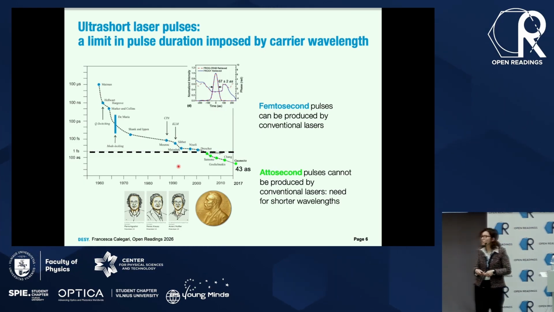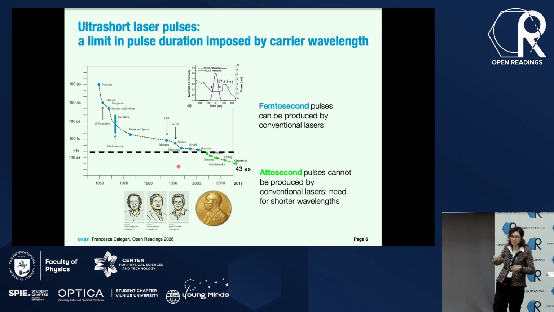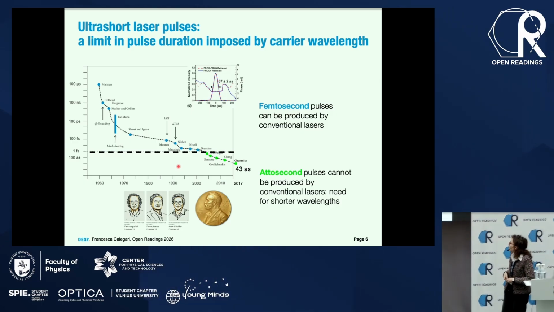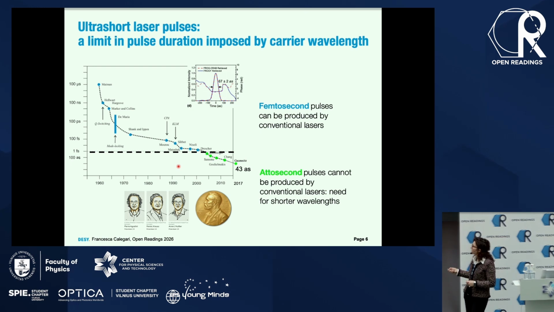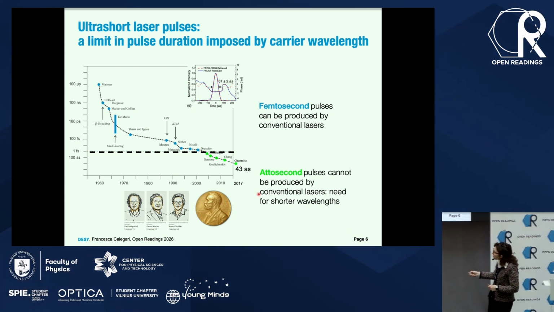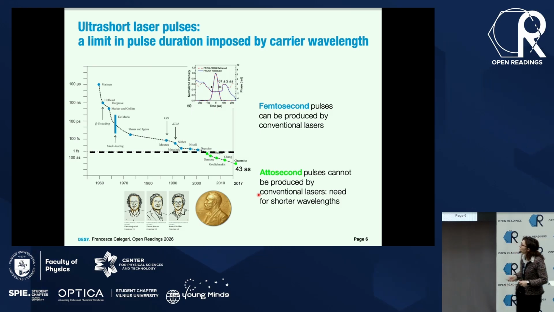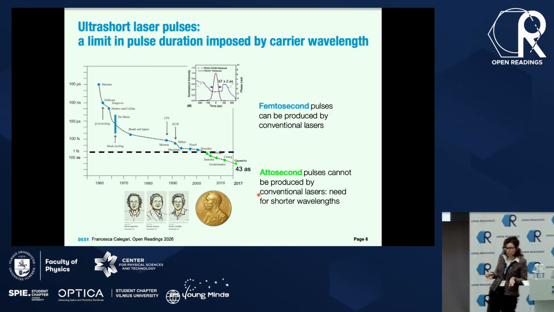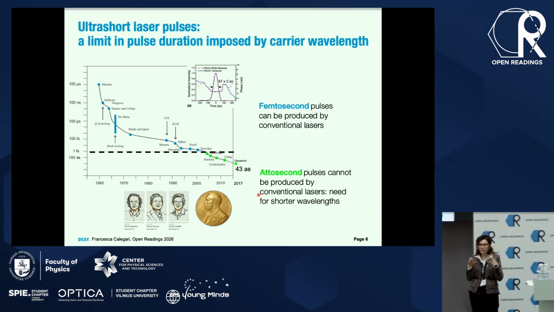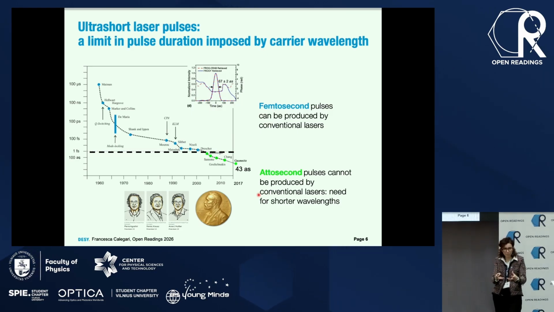The discovery was before year 2000, on an extremely nonlinear process that we will see shortly, called high-order harmonic generation. That's the process whose discovery was awarded the Nobel Prize in Physics a few years ago to Pierre Agostini, Ferenc Krausz, and Anne L'Huillier. It's really for the development of this technology that ultimately enabled access to the attosecond domain.